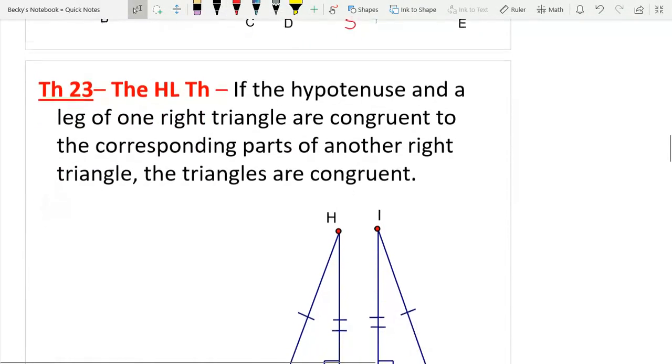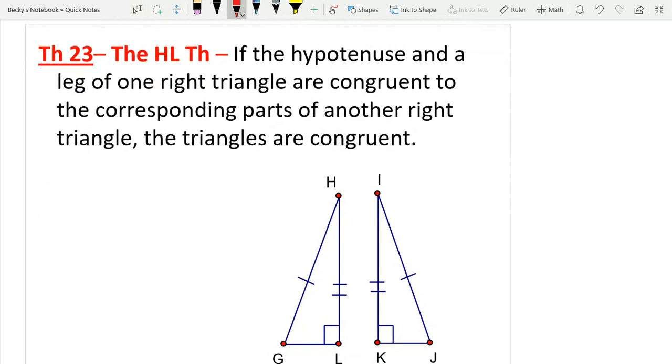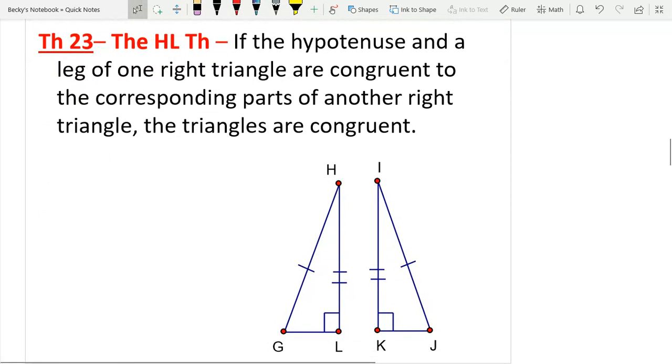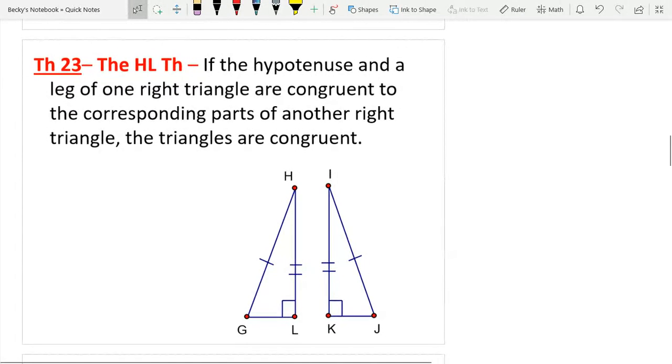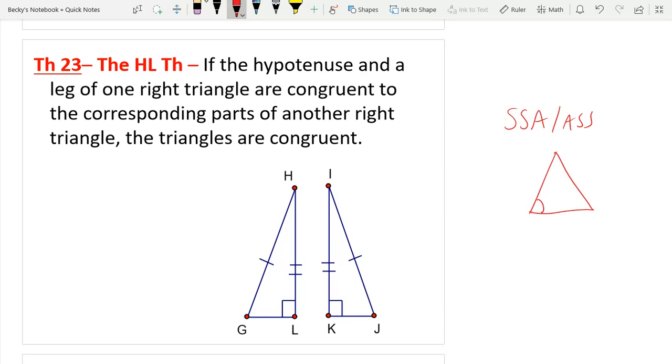Now the last one is HL. Now HL is very interesting because it's kind of like I told you there was no SSA or ASS, because there's not. If I give you this, ASS or SSA, this doesn't work, okay? It just never does. And the reason it doesn't, and this one does, because I want you to look, technically, what do you have two of?